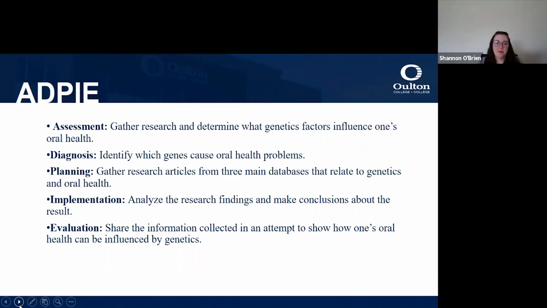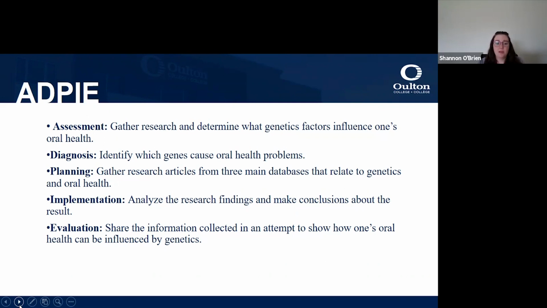All right, for our ADPIE, for assessment, we gathered our research and wanted to determine what genetic factors would influence one's oral health. For diagnosis, we identified which genes could cause the oral problems, like we discussed with the streptococcus and the lactobacillus for dental caries, just as an example.